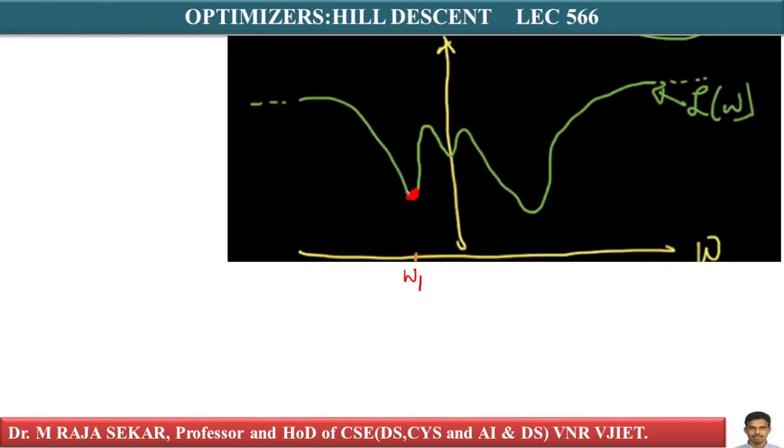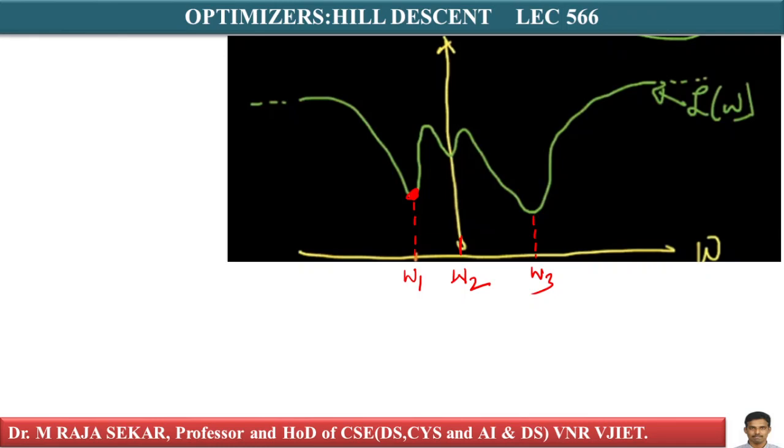Because all the points surrounding this point, corresponding to w1, are higher; you are calling it a minima because you compare it with the points close to it. This point corresponding to w2 is also a minima. There is another minima corresponding to w3.